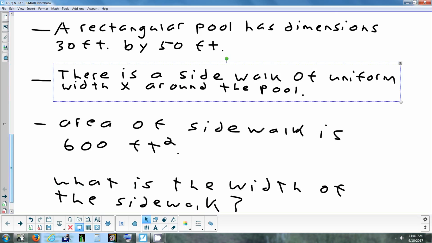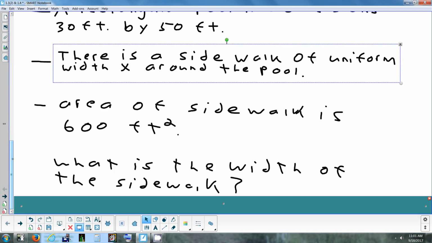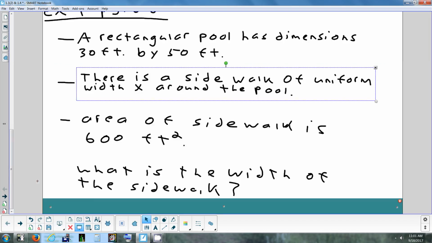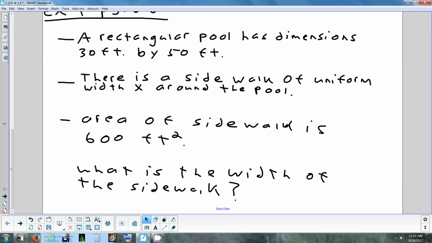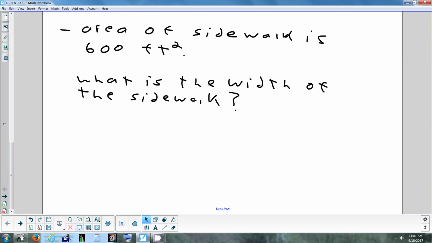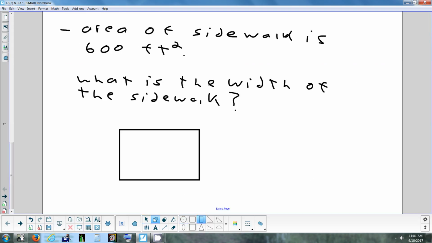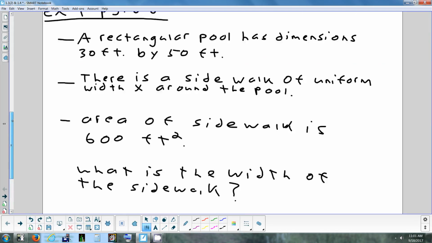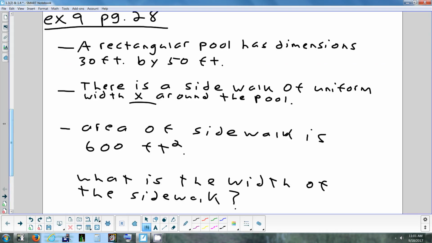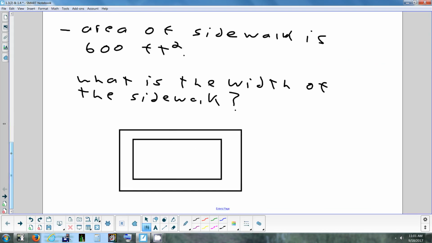So I'm going to start by sketching basically two rectangles, one inside the other. All right, so let's put our first rectangle. And then inside that, I'll put the pool. And that's supposed to be uniform width all the way around. Okay, and the width, what do they tell me, is x. So I'm going to just mark that as x.